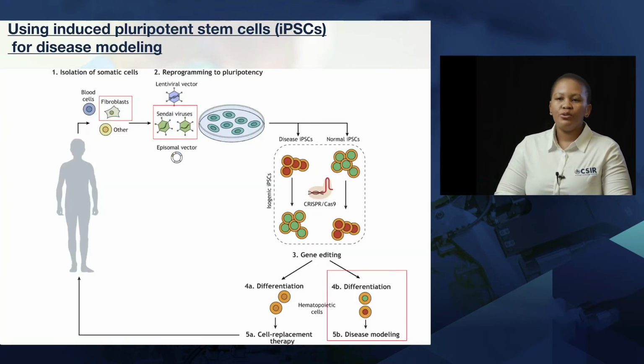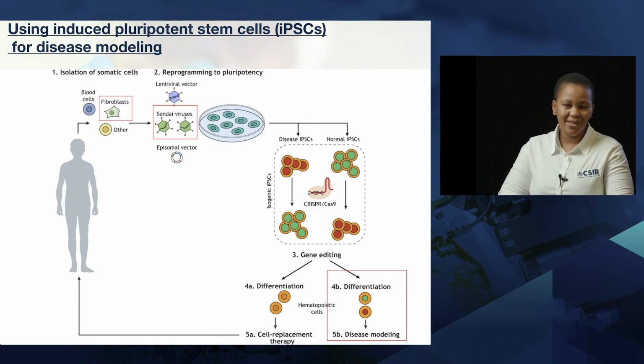In our lab, we use the induced pluripotent stem cell platform, where we use human fibroblasts, skin cells, and reprogram them with a non-integrating Sendai virus to make pluripotent stem cells that can become any cell type in the body, including the haematopoietic cells.